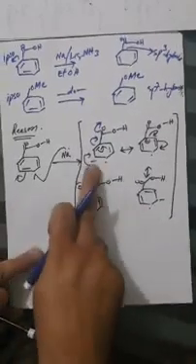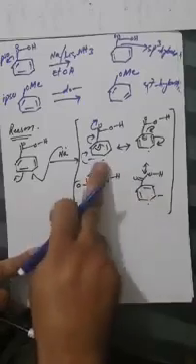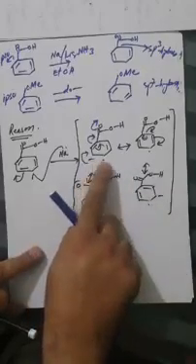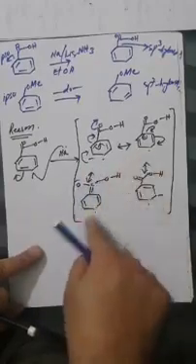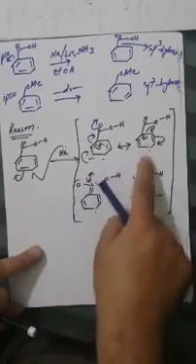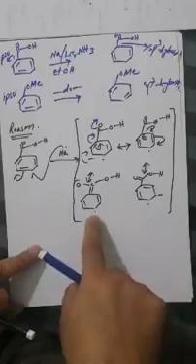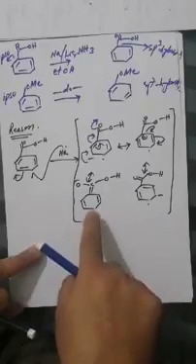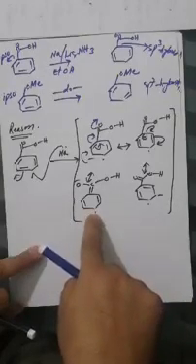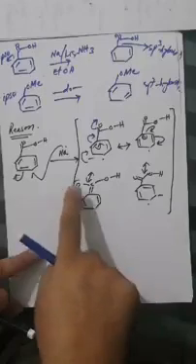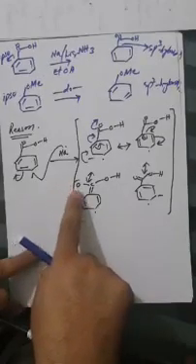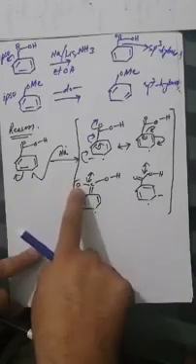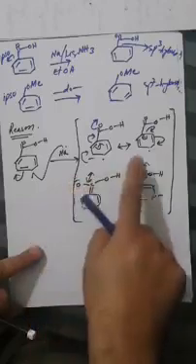These two resonating structures are very less stable because the electron and negative charge are quite close to each other. Among these two, this is the most stable resonating structure since they are quite apart from each other, and also the negative charge is on the highly electronegative element, that is oxygen.